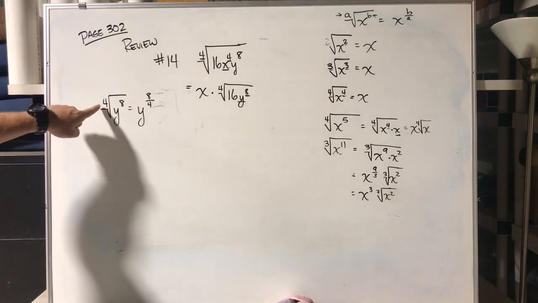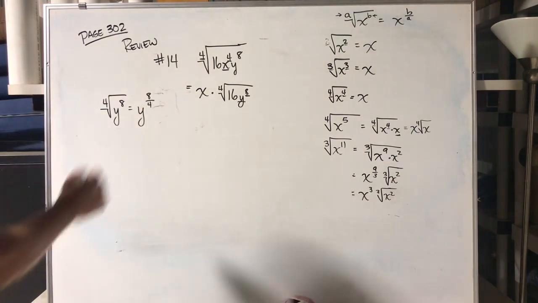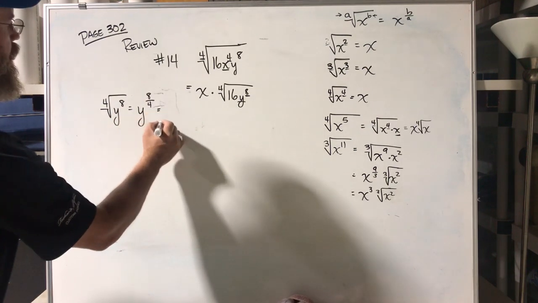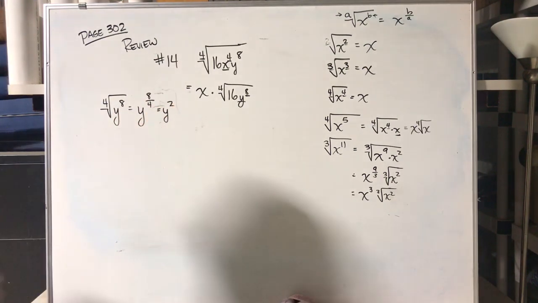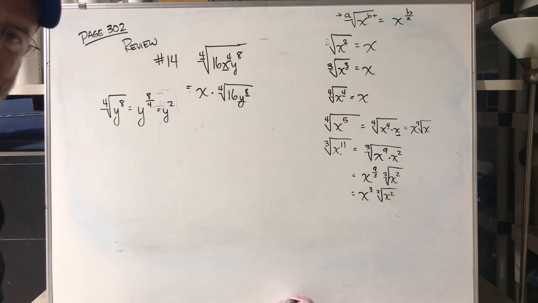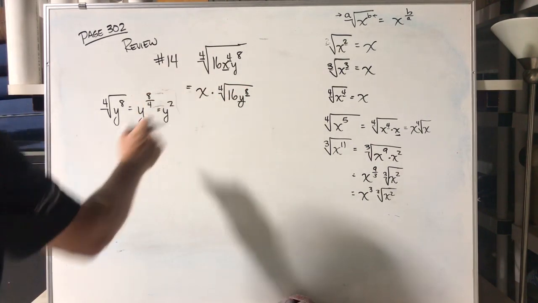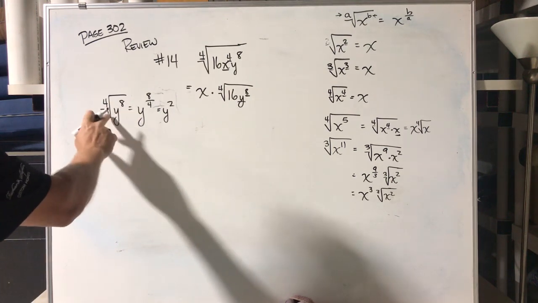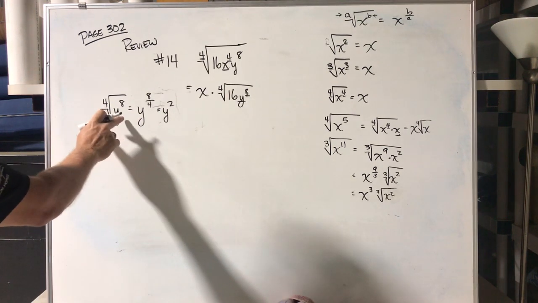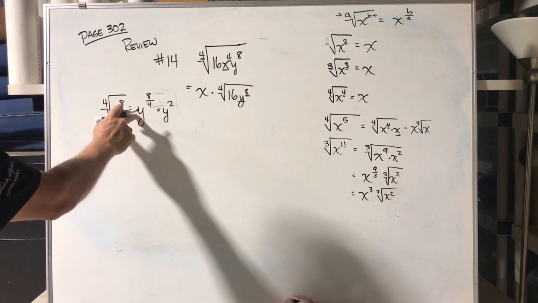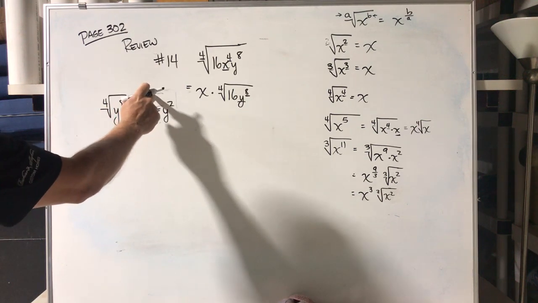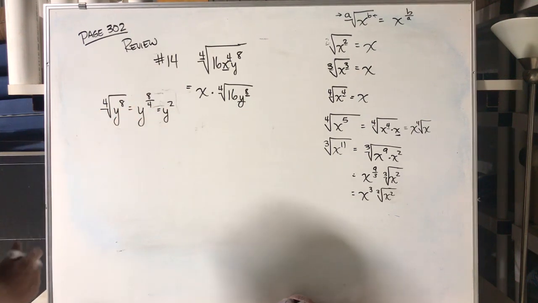The 8 divided by 4. Well, what's 8 over 4? Y squared. Right? So I can pull out a y squared, right? Because the fourth root of y to the eighth equals y to the 8 over 4, which is y squared.